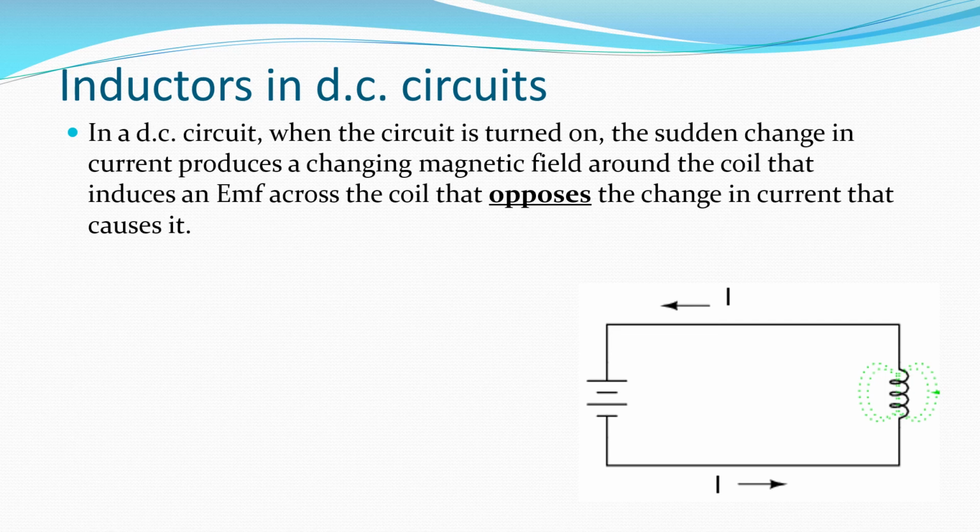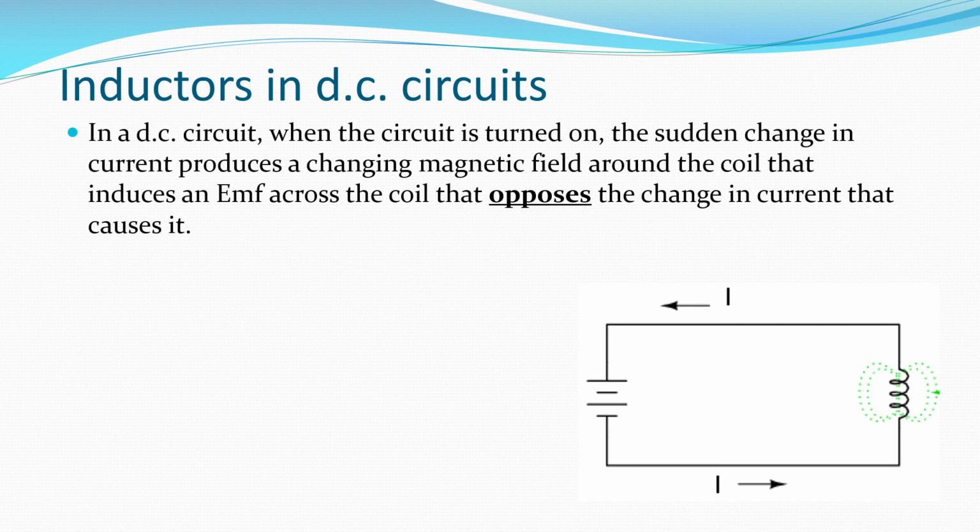That changing magnetic field generated around the coil will generate a self-induced EMF. This EMF across the coil acts in the opposite direction to the EMF supplying. So the EMF across the coil opposes the change in current that caused it.